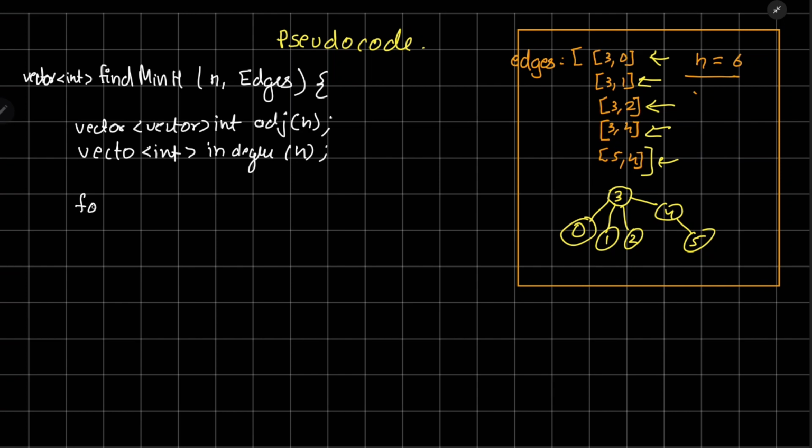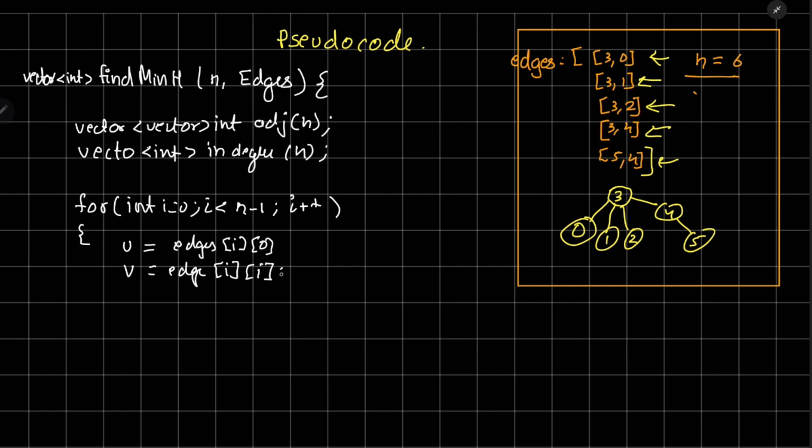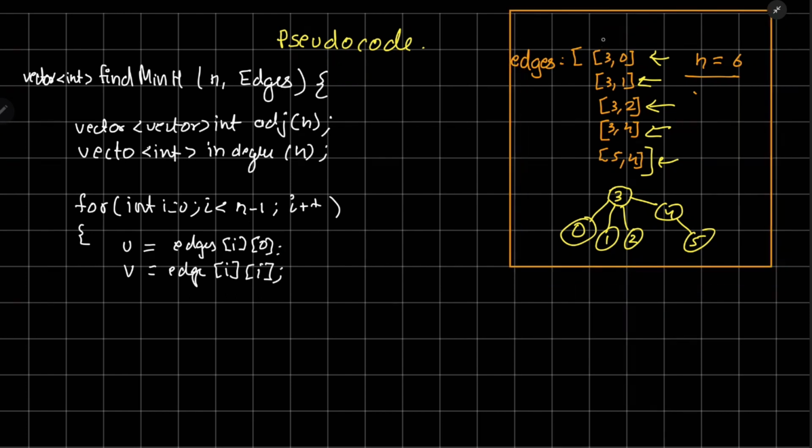For making the adjacency list, we will have to traverse the edges matrix: for int i = 0, i less than edges.size(), or we can say n minus 1, because we are given that we have n minus 1 edges, i++. Then our vertex u will be edges[i][0] and v will be edges[i][1].